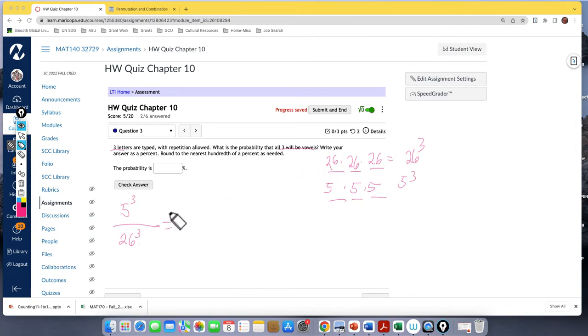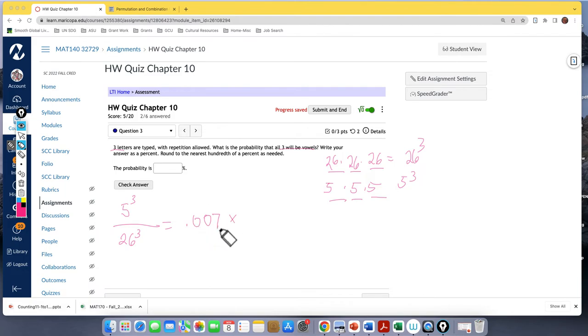So if I calculate this in my calculator, and again, order of operations, this is going to be 0.007, and it wants it rounded to the nearest 100th of a percent. So it wants a percentage. When I get my answer, I have to multiply by 100.